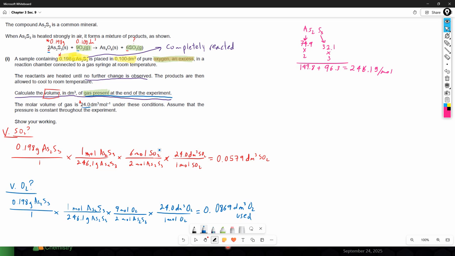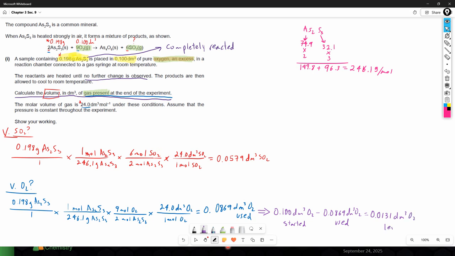In order to calculate how much oxygen is left over, if we started with 0.100 dm cubed, all we have to do is say, okay, if I started with 0.100 dm cubed of oxygen, this is how much we started with, and I used 0.0869 dm cubed of oxygen, so this is used, then what I have left over is 0.1 minus 0.0869, which is 0.0131 dm cubed of O2.